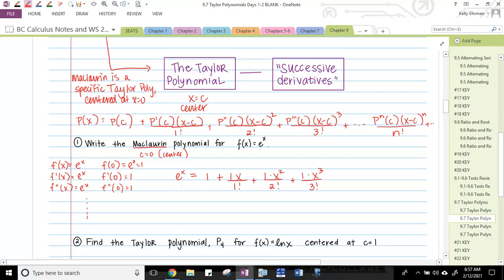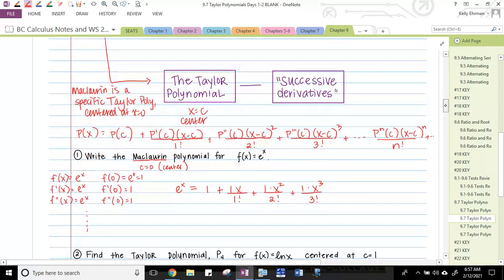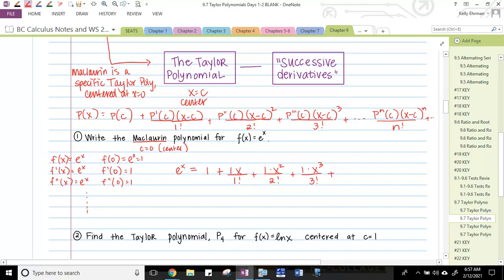And where did the factorials come from? Remember, when you're solving these, f prime at 0, f double prime at 0, that's just this numerator piece right here. So the formula itself has this built-in derivative that we figured out on the previous page. So I'm just going to write plus dot dot dot plus. It'd still be 1 times x to the n over n factorial.